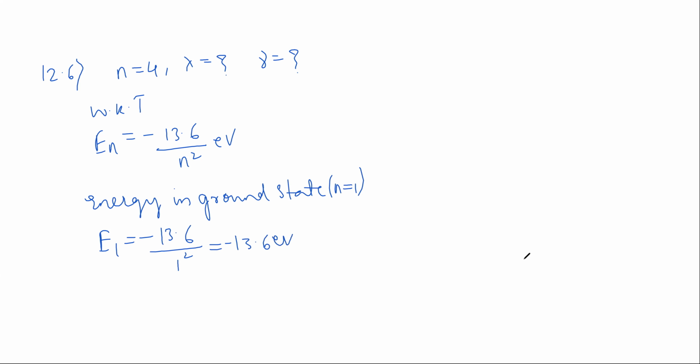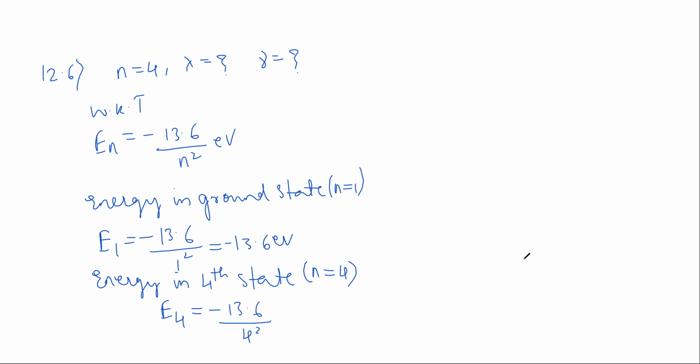Similarly, energy in the fourth state, n is equal to 4. Therefore E4 is equal to minus 13.6 divided by 4 square, which is minus 0.85 electron volt.